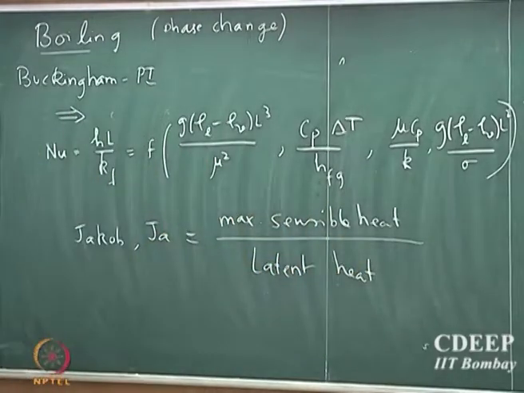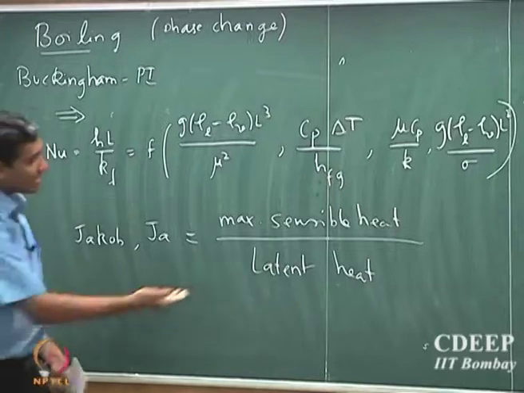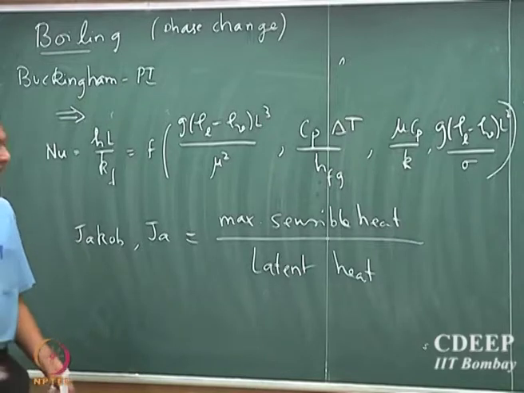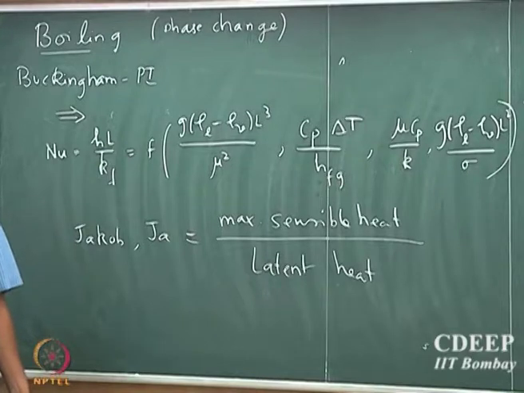So, it tells you what fraction of the heat supplied to the fluid particle is carried as sensible heat and what fraction is actually used for phase change. Whatever heat you supply to the fluid is used for transport of heat via sensible heat and also for change in the phase.